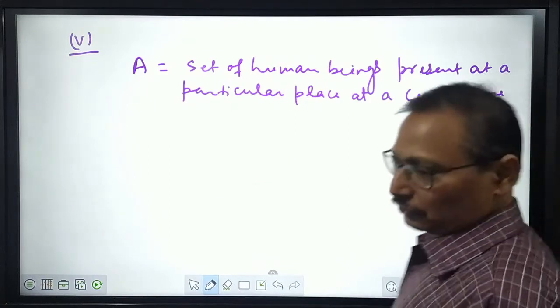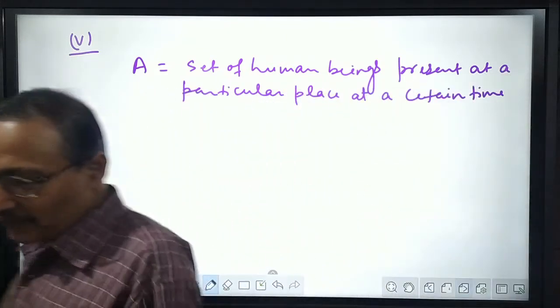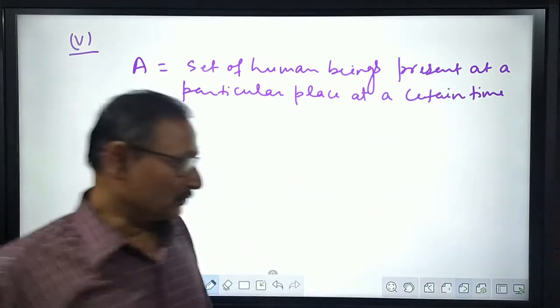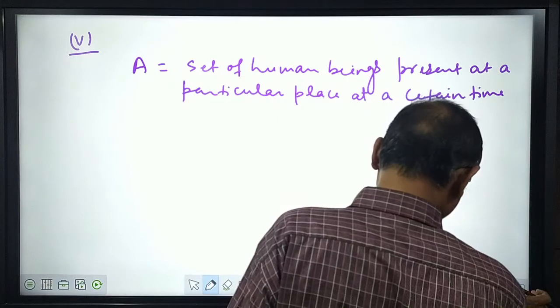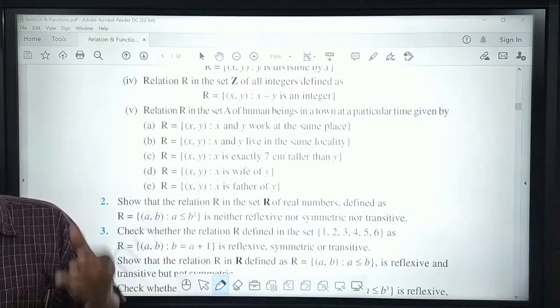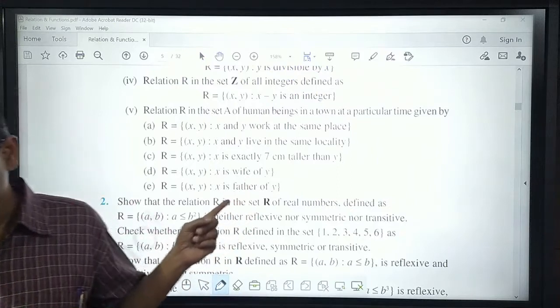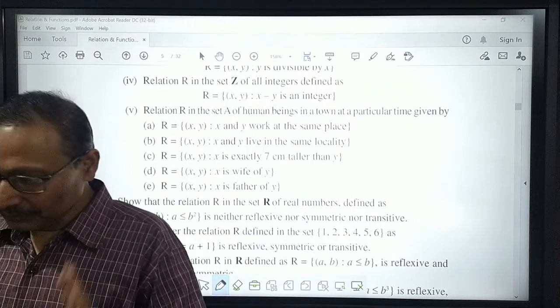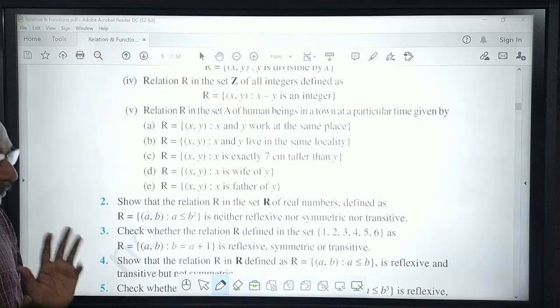The particular place is mentioned here. And now some relations are defined over this given set. One by one, we will discuss these relations. Actually, these are very important. I feel that the discussion of these questions, which are under sub part 5 of question number 1, is very important.